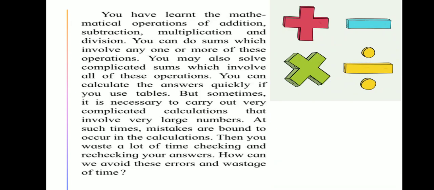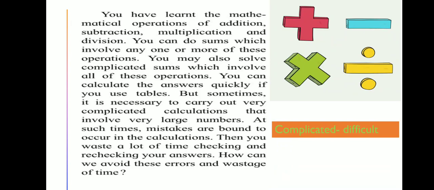You may also solve complicated sums which involve all of these operations. Children, complicated sums means difficult sums. You can calculate the answers quickly if you use tables. So, you should learn tables by heart.